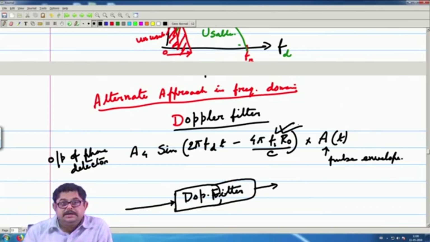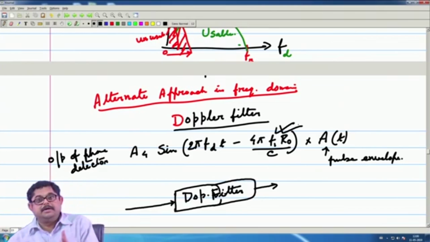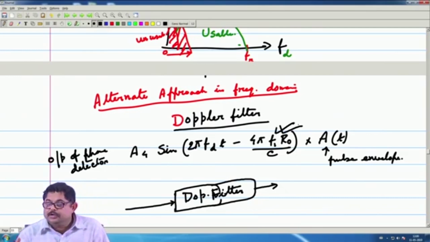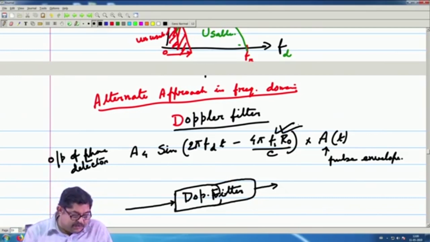So this dictates that the Doppler filter should have a large bandwidth, but if that happens, the range resolution gets destroyed.